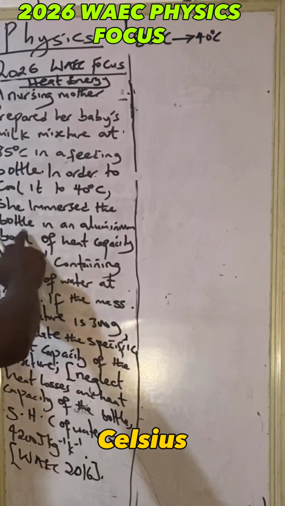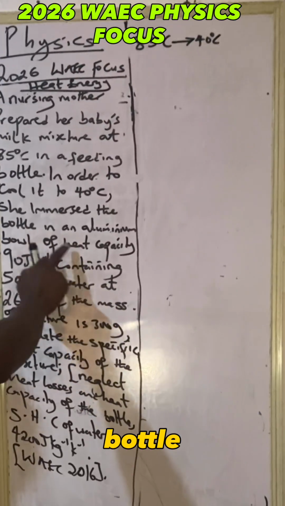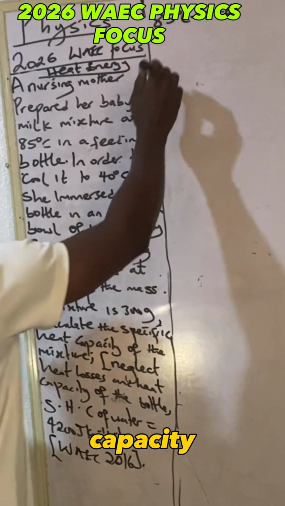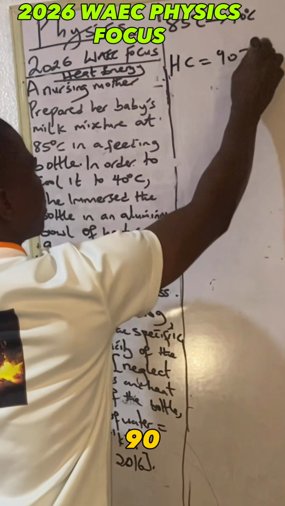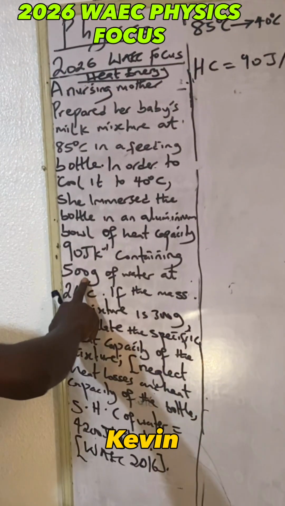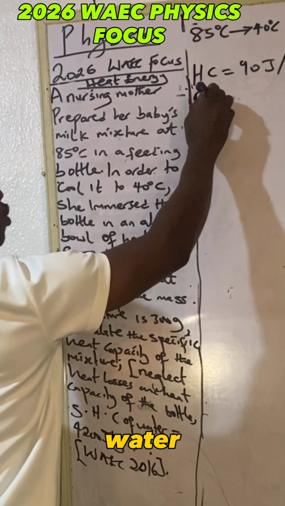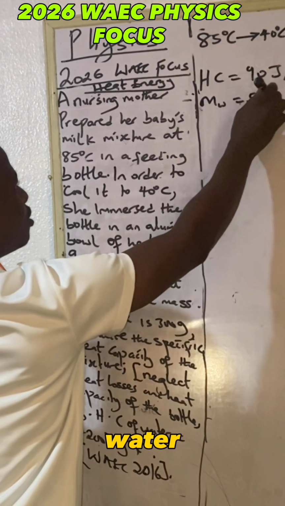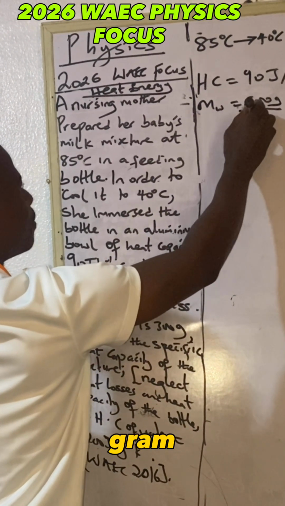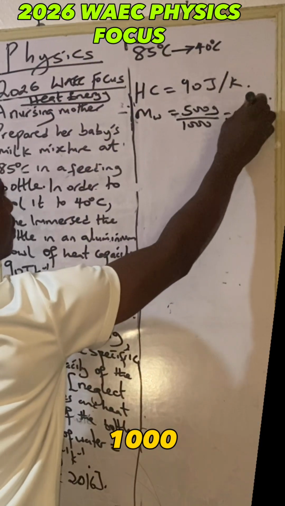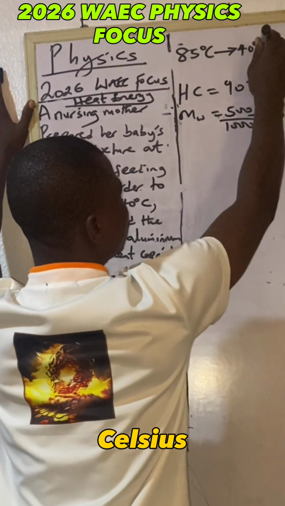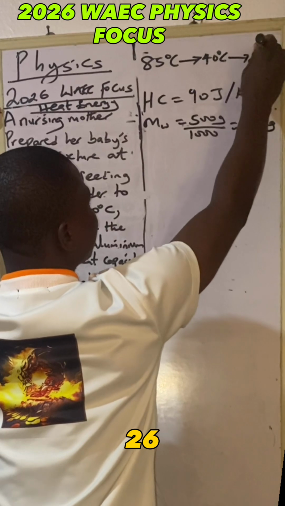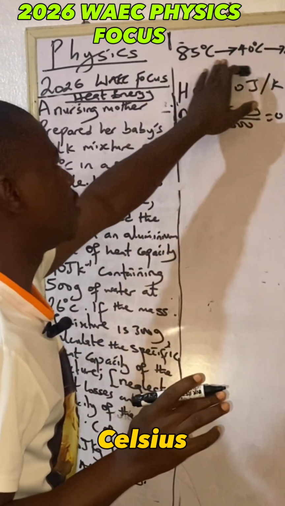She immersed the bottle in an aluminum bowl of heat capacity 90 joule per Kelvin, containing 500 grams of water. The mass of water is 500 grams, take it to kilogram, divided by 1000 is 0.5 kilogram, at 26 degrees Celsius. So this is the three temperatures that we are having.